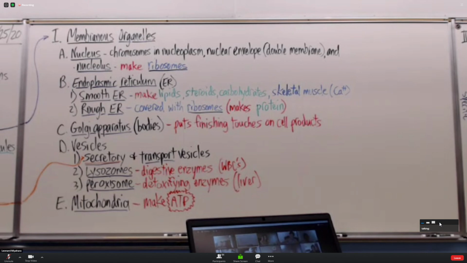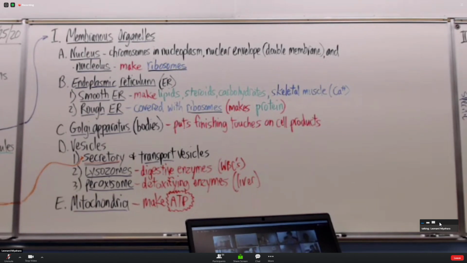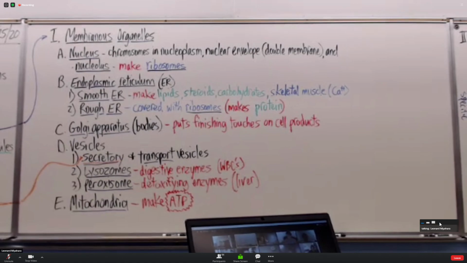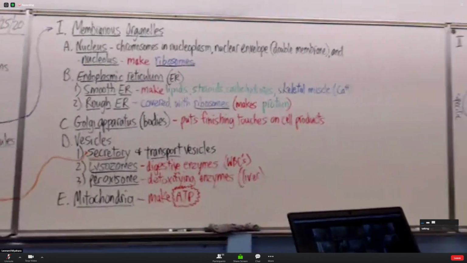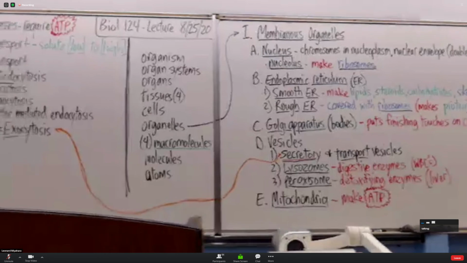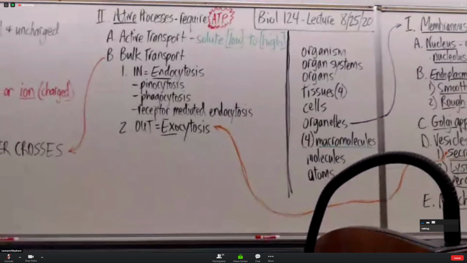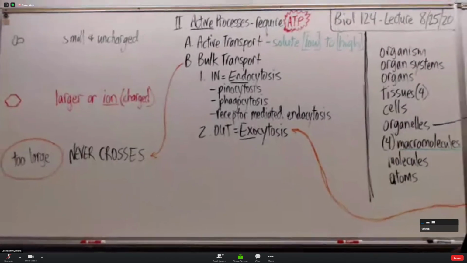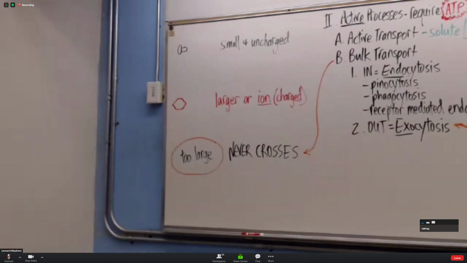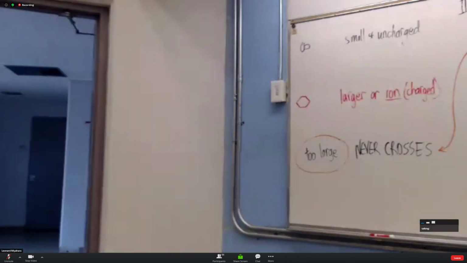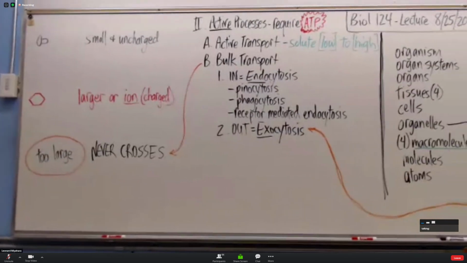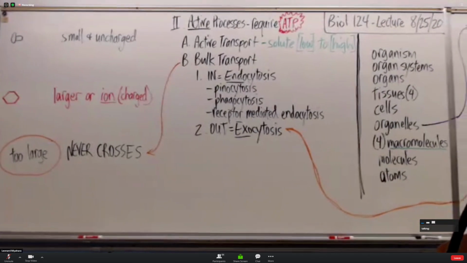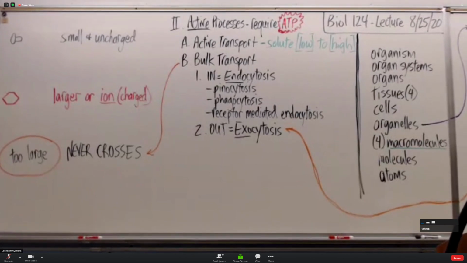Secretory vesicles there is underlined in purple, as well as orange, because that's tied to exocytosis. Oops. Yeah, that's the left whiteboard. Any questions?